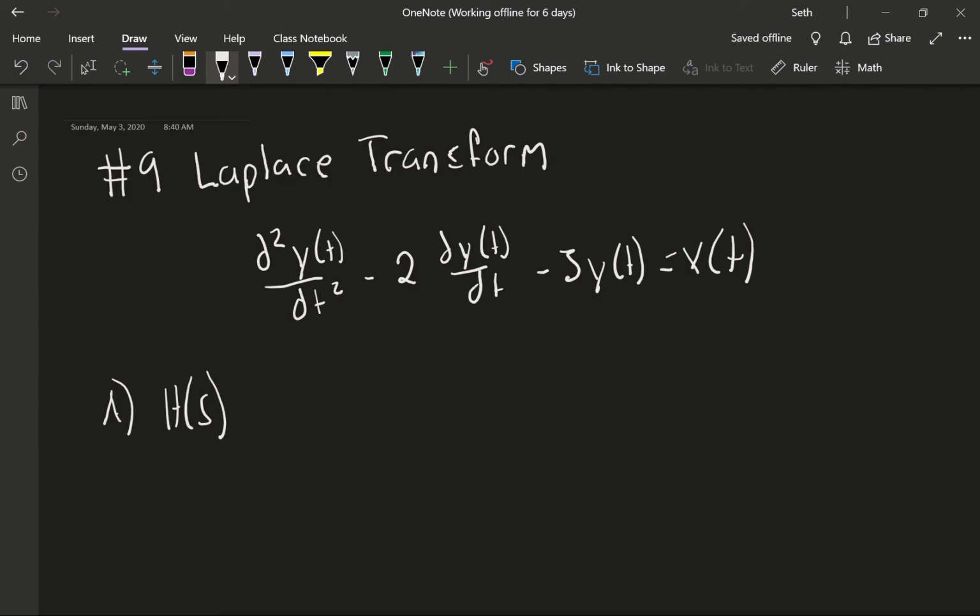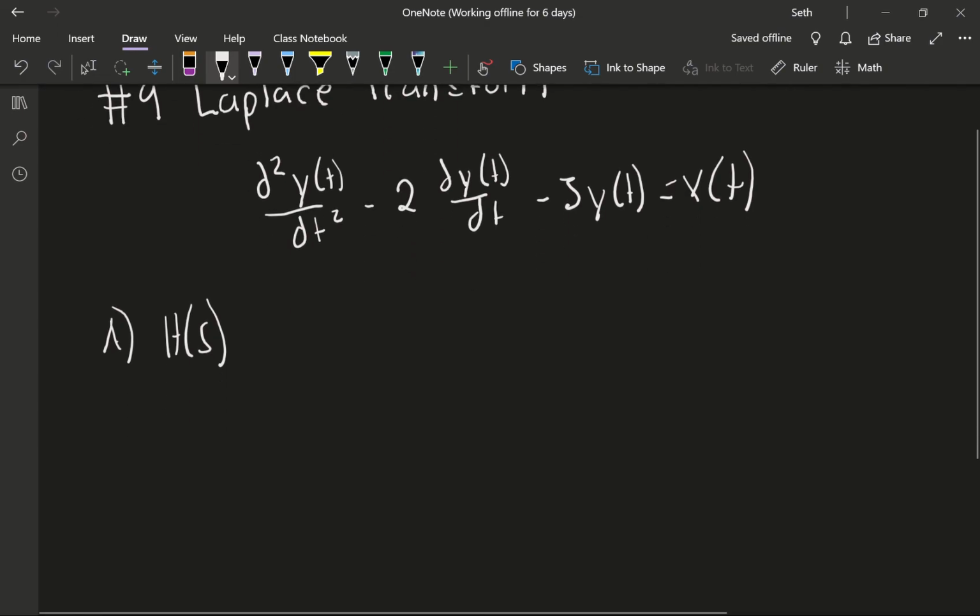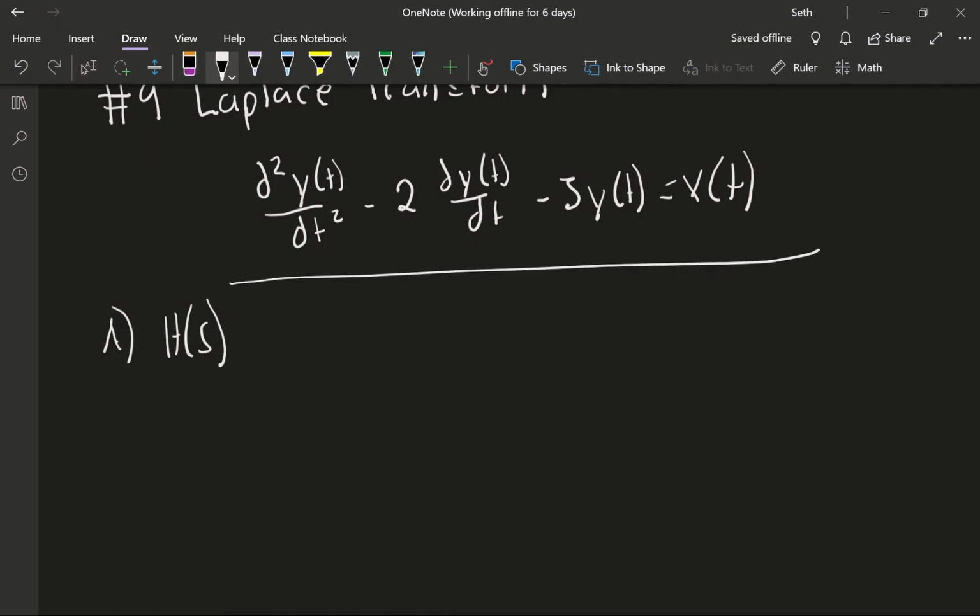So we're given a second order differential equation. We know a property of the Laplace transform is that we can solve this algebraically, and the differential operator is just going to give us s times the transform of y and s squared times the transform of y, respectively.